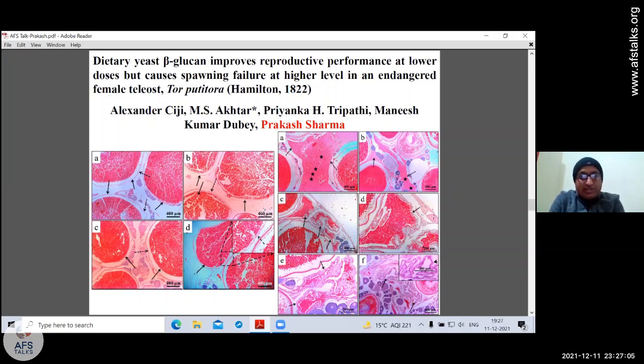When the atresia progressed to the end, the follicular remains looked like post-ovulatory follicles, and it was so confusing whether this was a post-ovulatory follicle complex or a post-atretic follicle complex. We had to go back and identify this as a post-atretic follicular complex. So this work helped us to identify the gonadal anomaly study through a histological lens.